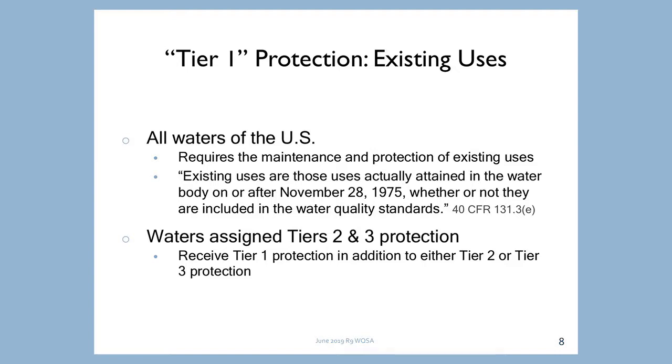So if you remember during the designated use module, we talked about the difference between an existing use and a designated use. An existing use is where it's actually been attained. The actually means the use has occurred, and the attained means the water quality supported it. So where, at some point since November 28, 1975, that water has safely supported that use, that is an existing use.